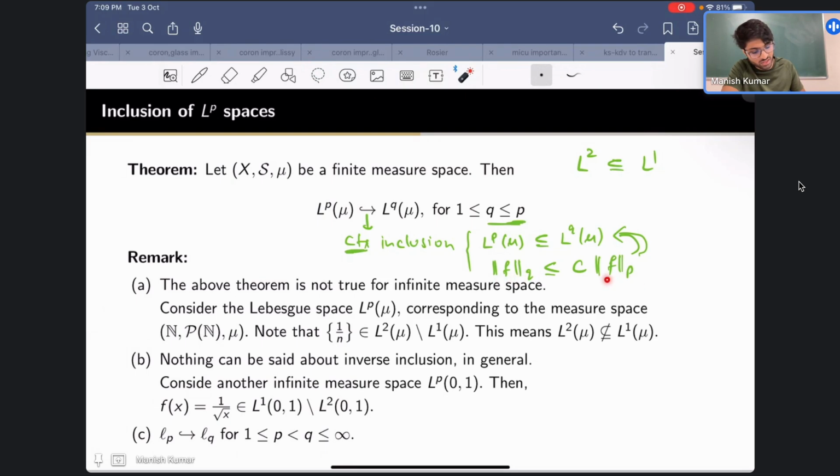So it says that if a function is p-integrable, that means if the function lies here, then that function lies here as well. So in continuous inclusion, we say that this sort of inequality is there, and this is true for all f in L^p.